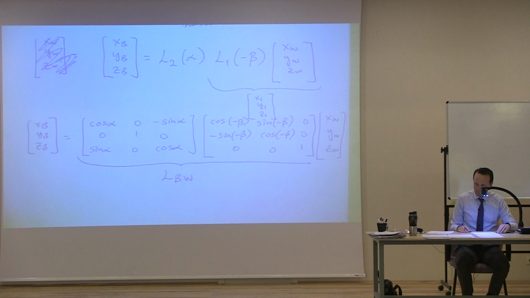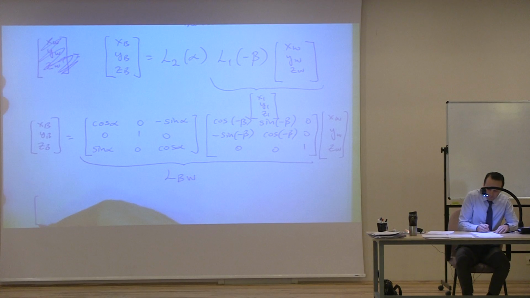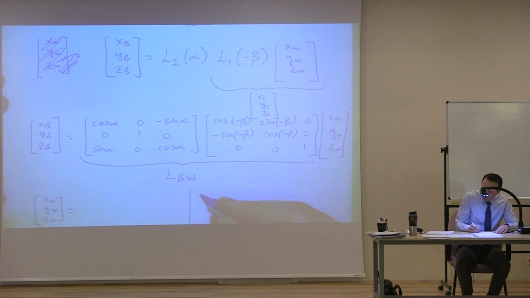Okay? So if you would go the opposite way, if you would go from X body to wind axis, you would be doing this. You would first go the opposite now, right?